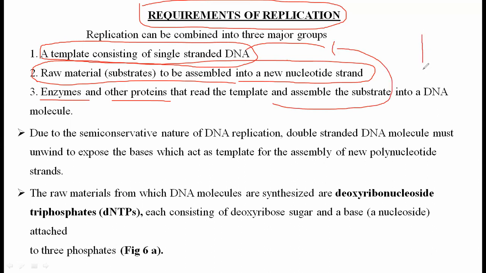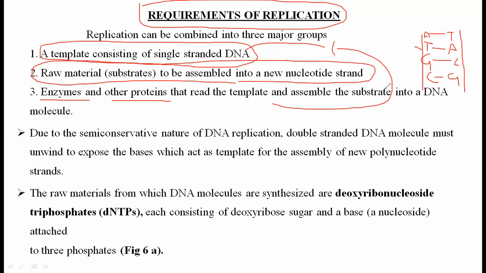See, this is the template: A, T, G, C. Which base has to come here? A always joins with T. T joins with A, right? G is with C. C is with G. This is your template, and this is the new strand.